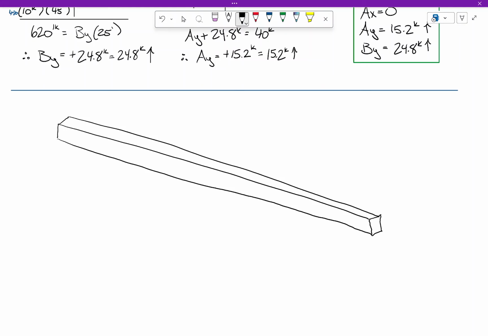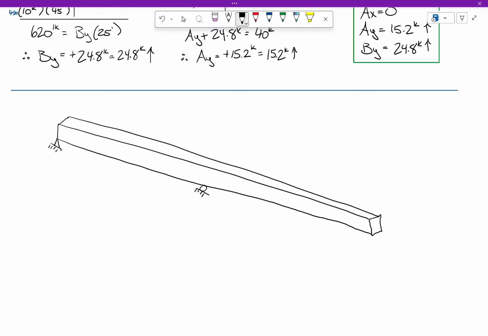So what we're looking at right here is this beam, the one that we just did. There's the load here, there's the moment there, and so on and so forth. Okay, does that make sense? I'll try to draw this in a way that makes sense.